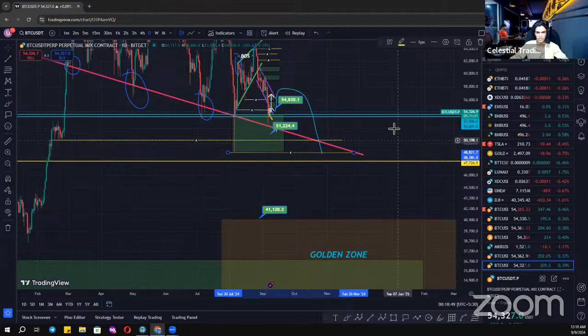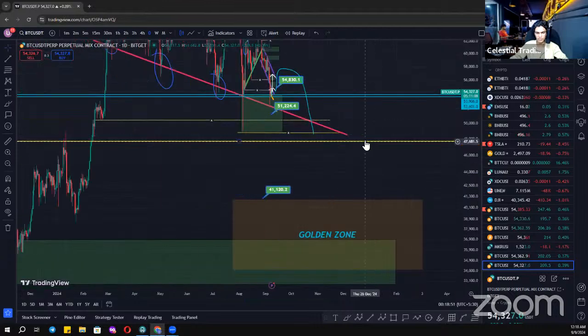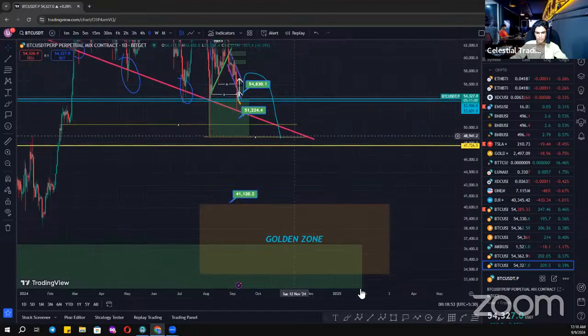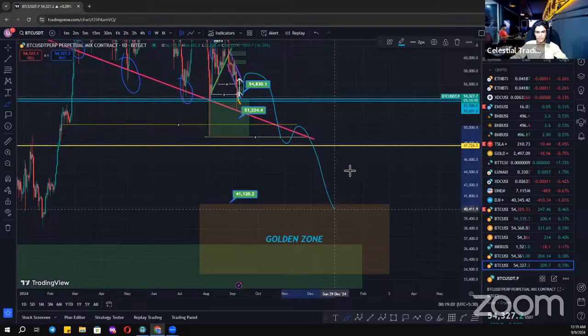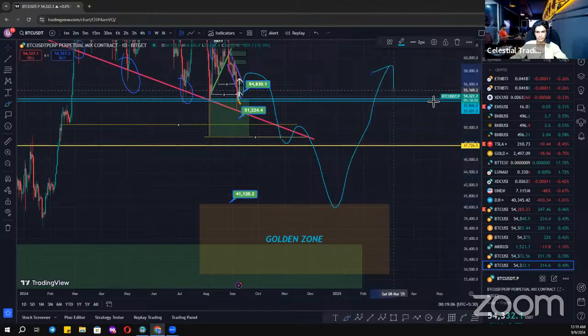You can see we have a very good support zone over here, and the market would respect it and again break this line. It could fill and can go for a big run.